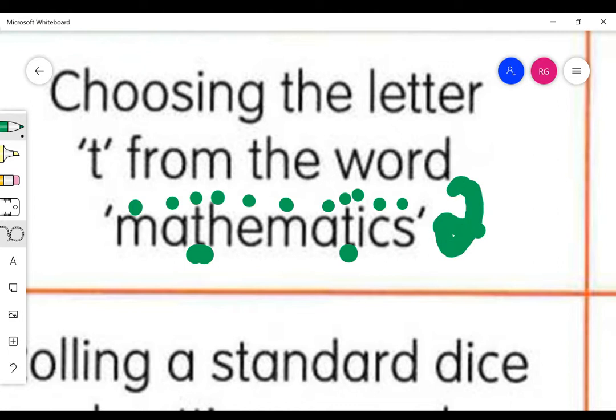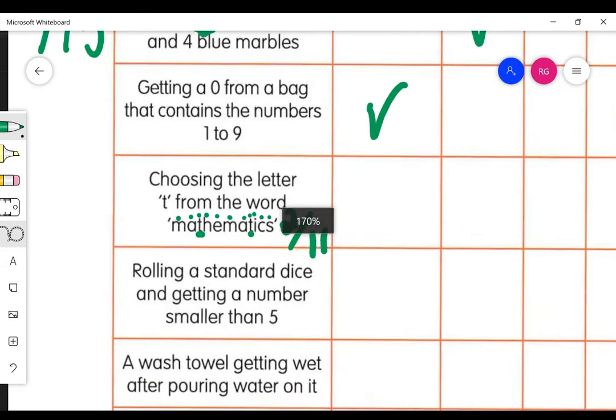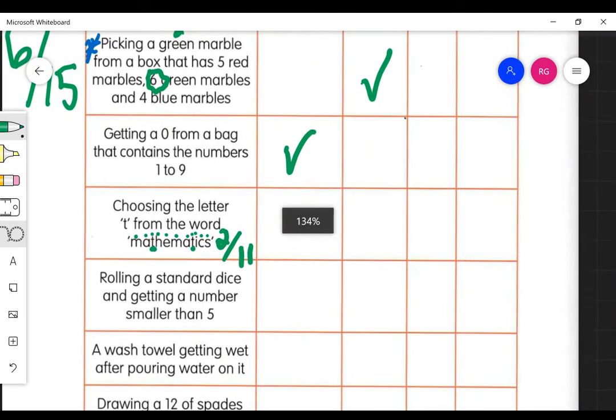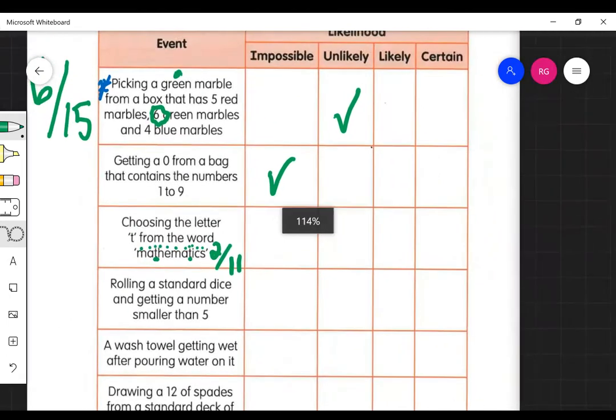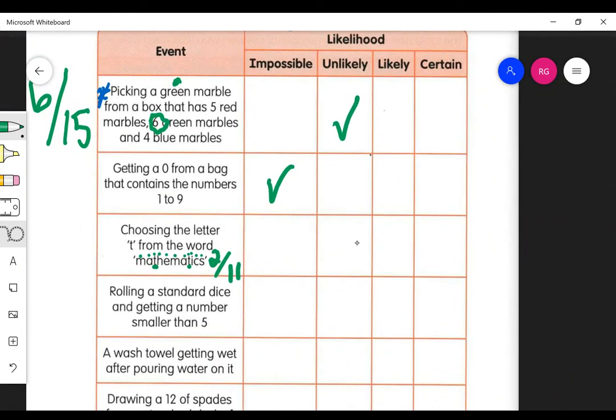So that's 2 out of 11. All right. So I would say that it is unlikely that we will select the letter T from the word mathematics. It's only 2 out of 11 letters there.